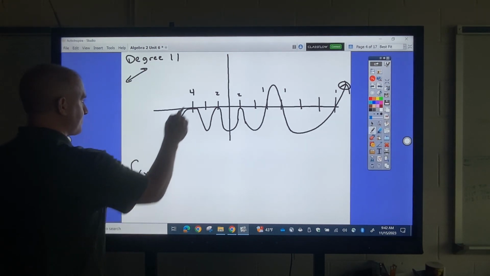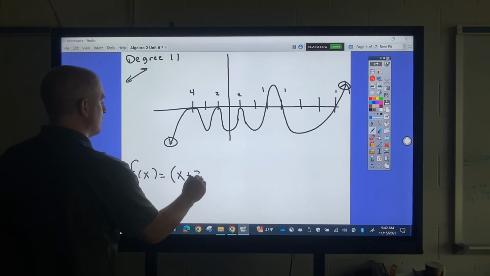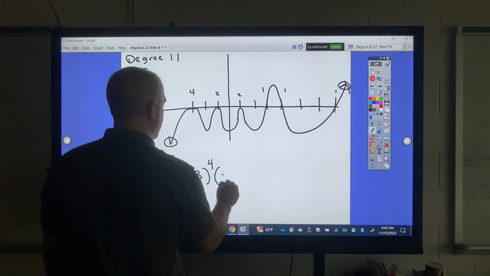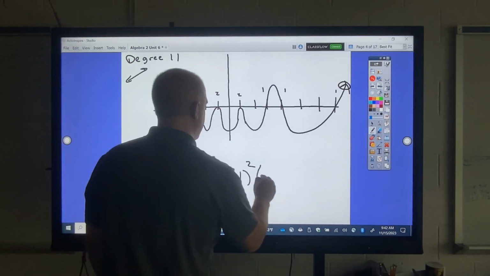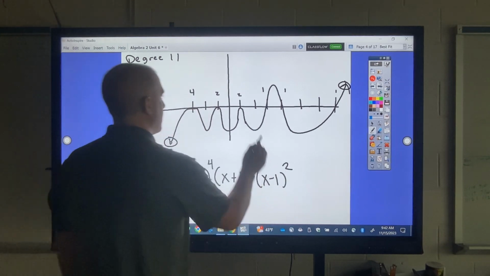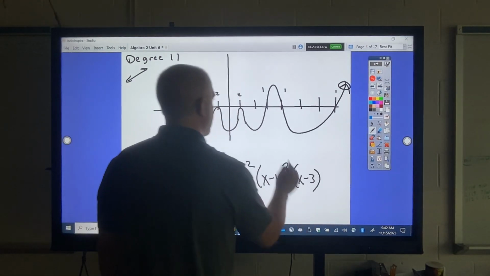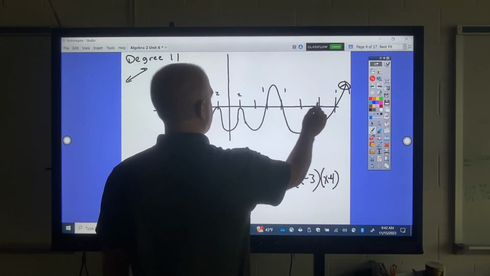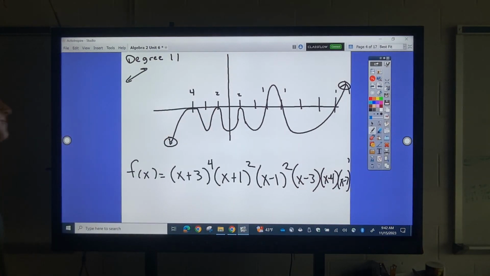So -3 is a solution, so I would put x plus 3. That would be -1 as a solution, so it's going to be x plus 1. That's going to be 1 as a solution, so that. That's going to be 3 as a solution, so that. That's going to be 4 as a solution. Then 5, 6, 7, and then x minus 7 to the first power. And that would be the factored form.